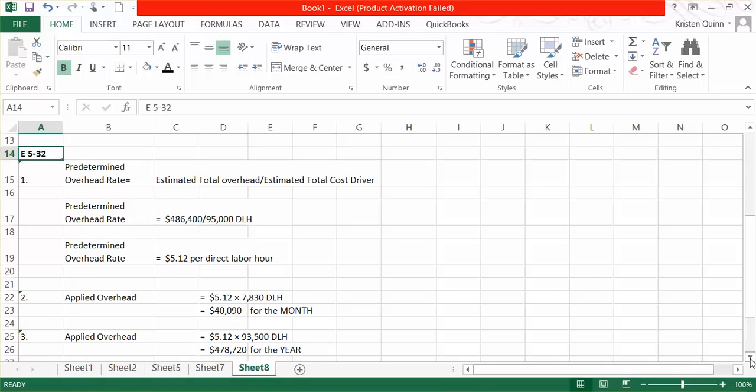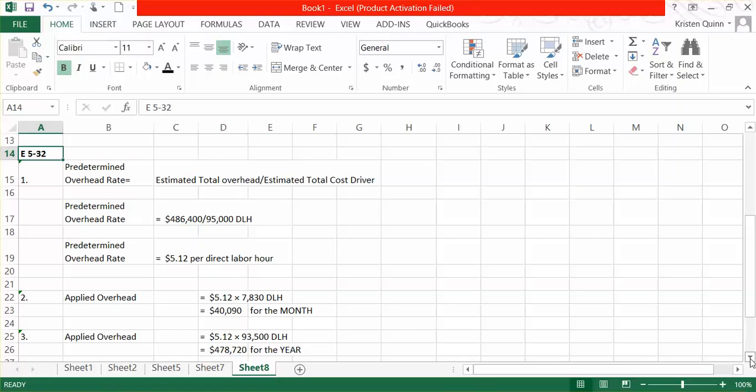In part 4, we need to decide whether we were over-applied or under-applied for the year. They told us that we had actual overhead of $476,100. We need to compare that to how much we've applied for the entire year, which we just calculated in part 3 of $478,720. The amount of overhead we incurred was less than the amount that we applied.